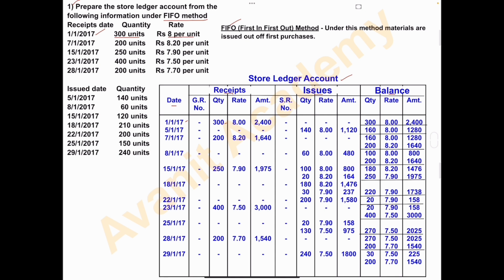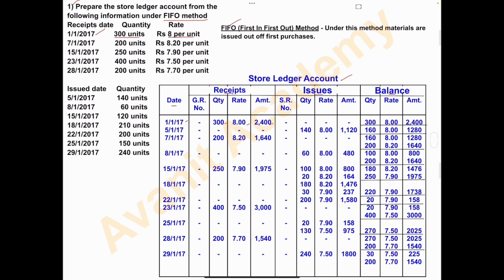Now we have to calculate the total amount of 300 units. For that, what we have to do? 300 into 8, you will get 2400. So the total value of 300 units is 2400. So in issues column, nil, because on this 1st January, only the goods are purchased and not issued.